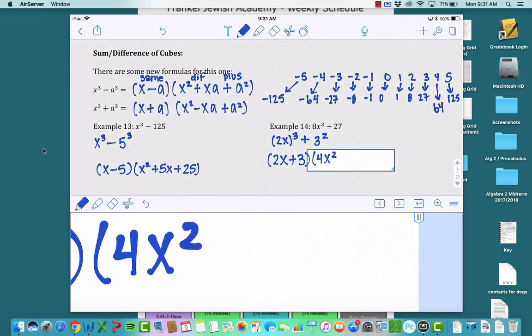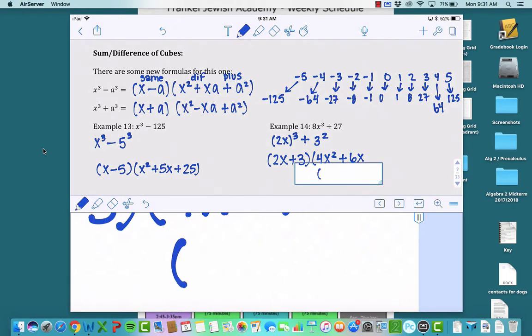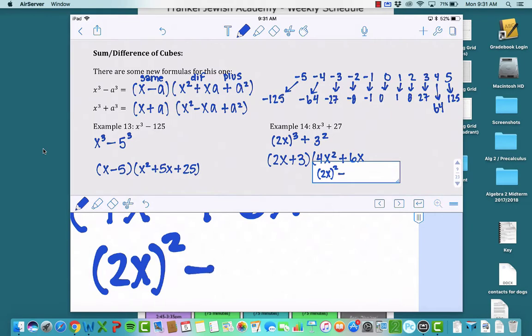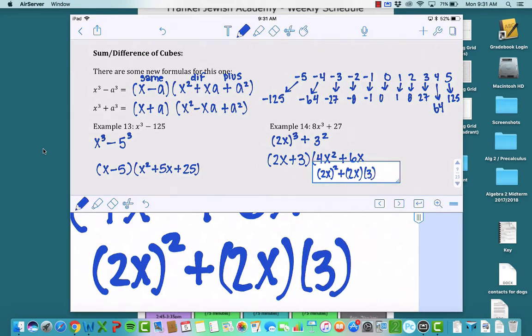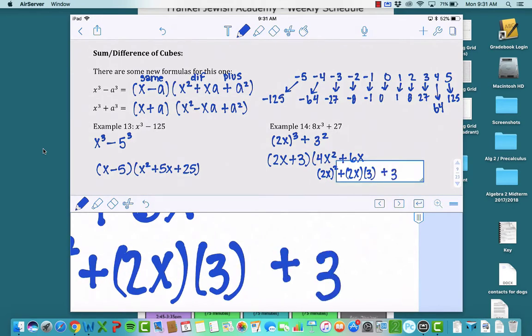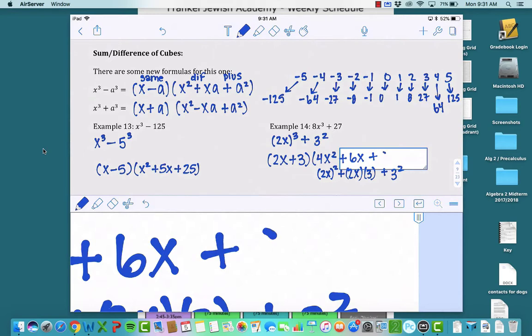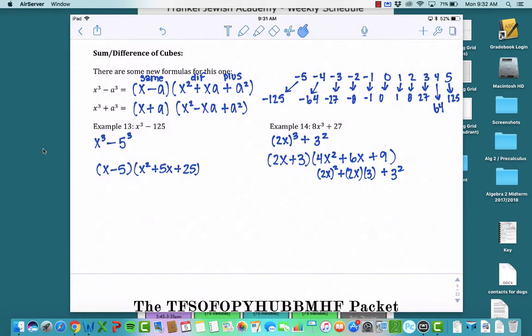And then 2x times 3 is 6x. So again, just for those of you who need me to make a note, I did 2x squared for that part. And for this part, I did 2x times 3. And then I'm going to add 3 squared, which is 9. And that is my factored form using the formula.